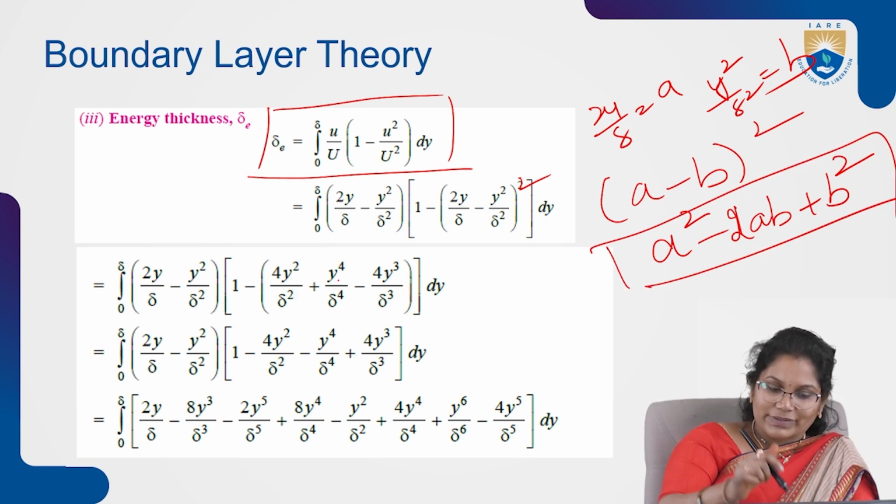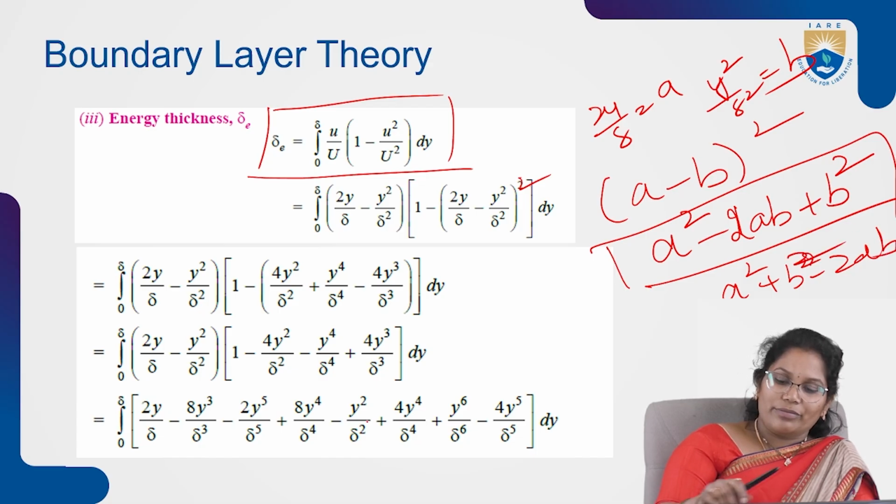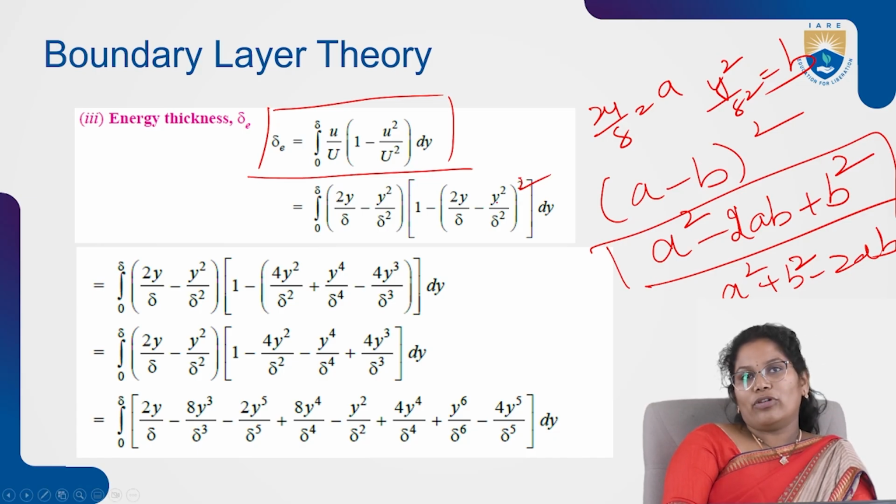Right? Plus, next we are doing b square. b square is y to the power of 4 by delta to the power of 4.